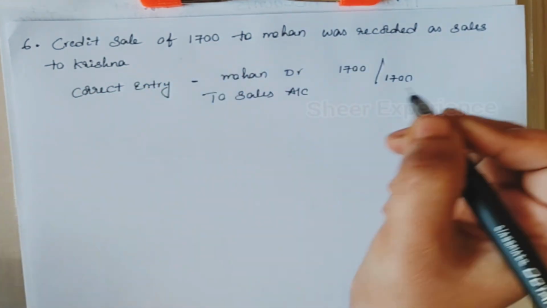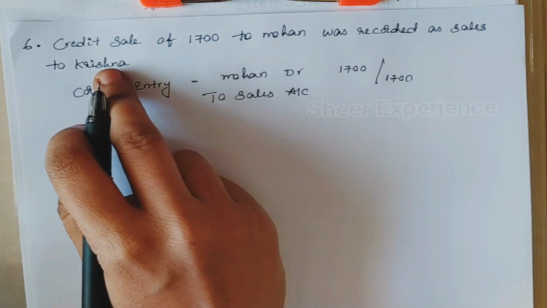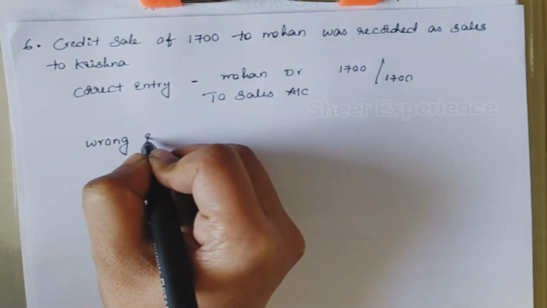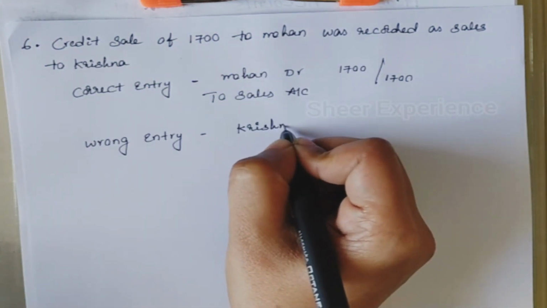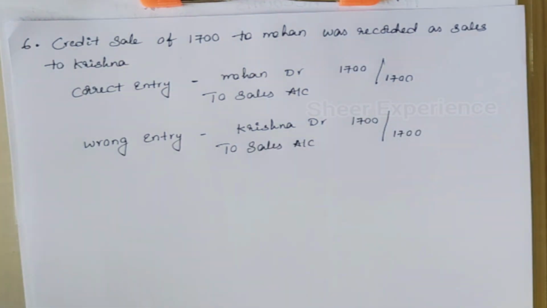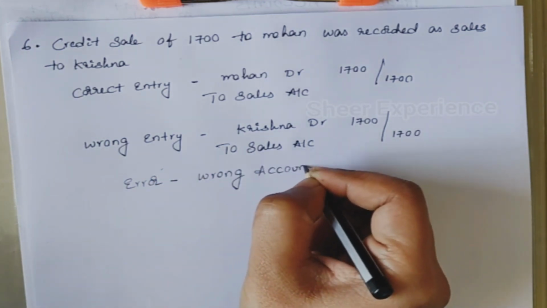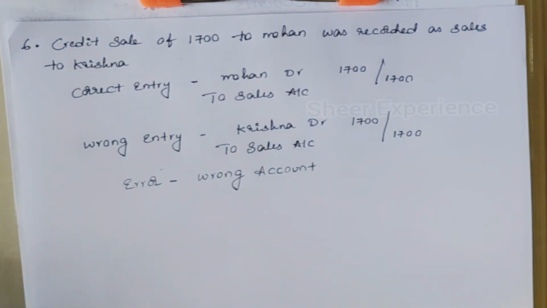As per the transaction, the credit sale of 1,700 was recorded to Krishna instead of Mohan. So the wrong entry is Krishna account debtor to sales account. Amount is 1,700. Here error is wrong account, but the amount is correct.